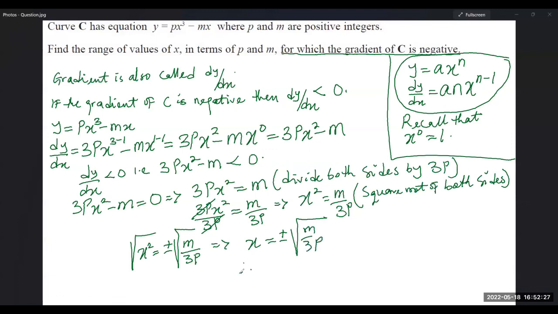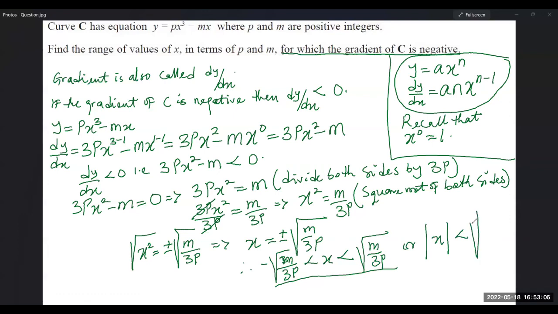Therefore, the range of values of x is negative root m over 3p less than x less than the root m over 3p. This is the range of values of x, which can as well be written as the absolute value of x less than the root of m all over 3p.